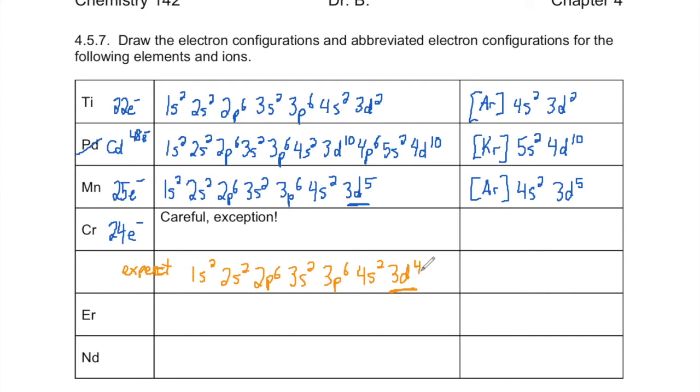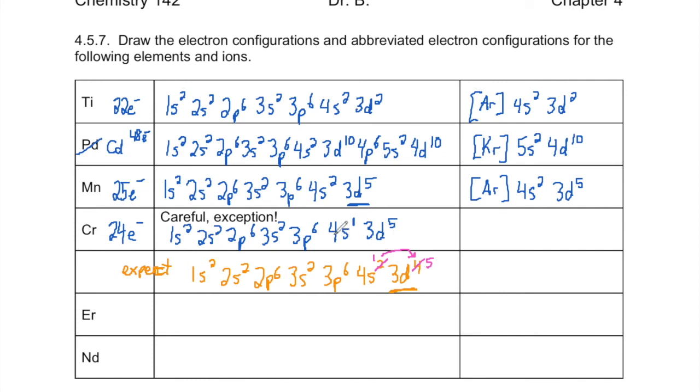And since it's so close to being half full, what happens is that one of these electrons can be borrowed. It can borrow one from the 4s. So instead of having 2 in the 4s, we have 1 in the 4s. And that 1 can add to the d, bringing it up to 5.